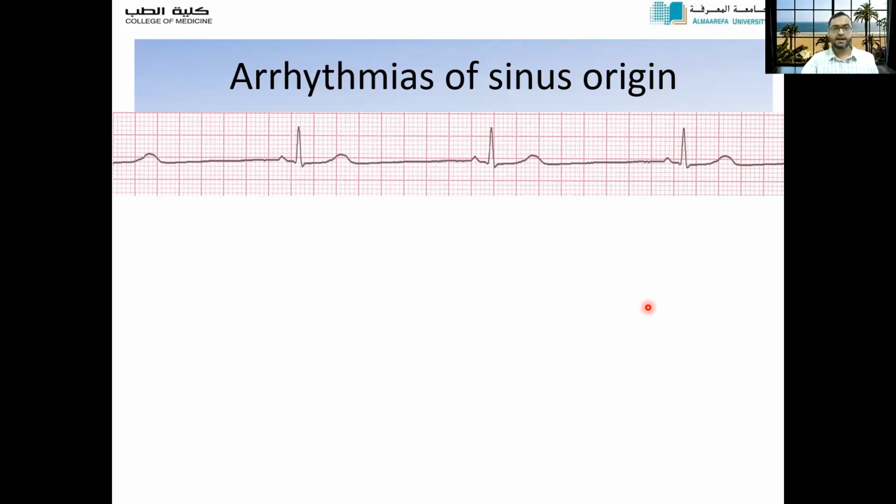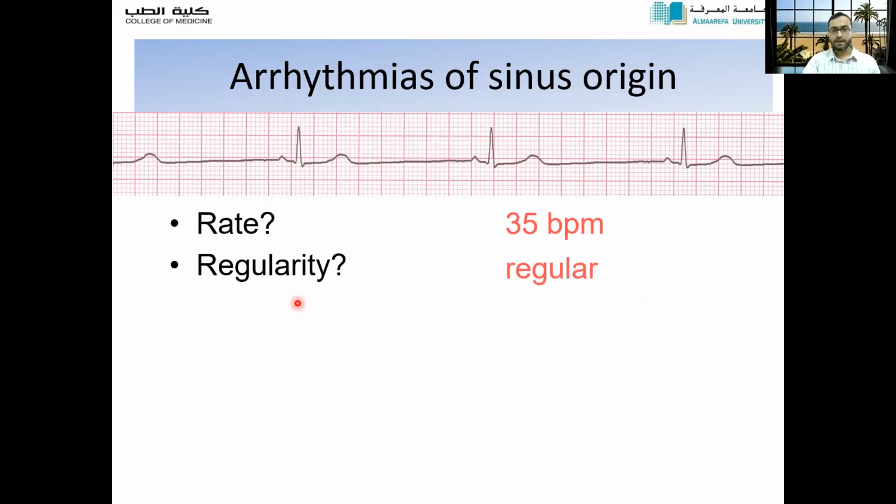The first thing I selected was arrhythmias of sinus origin. If you follow the same 5 steps we did before, the first step is regularity. It was regular here. The rate, if you measure it here, this R wave is falling on the darker line, 1, 2, 3, 4, 5, 6, 7, 8.